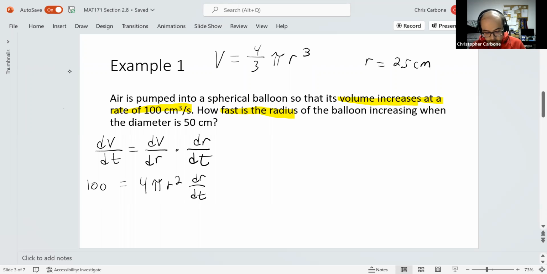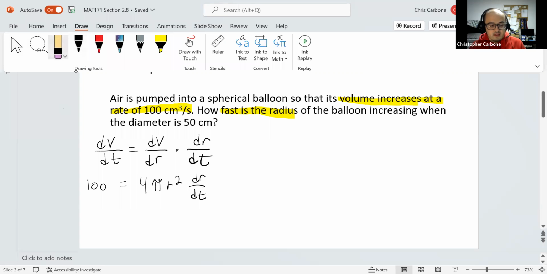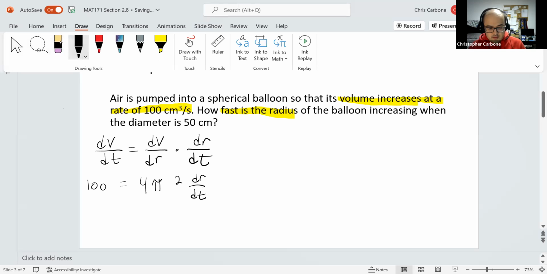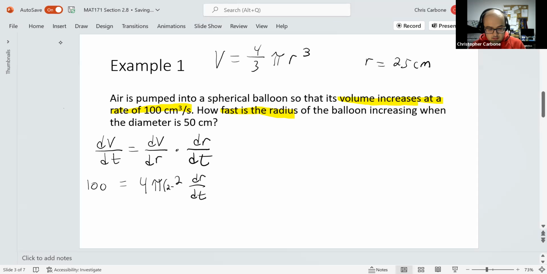We can put the 25 in for the radius before solving. So 100 is equal to 4 times pi times 25 squared times the derivative of r with respect to t.